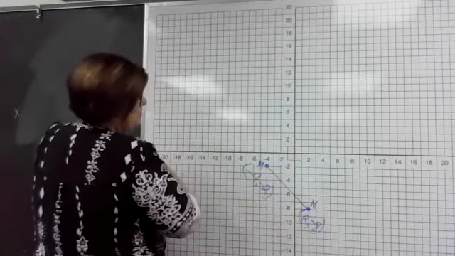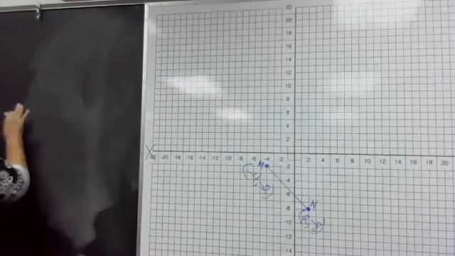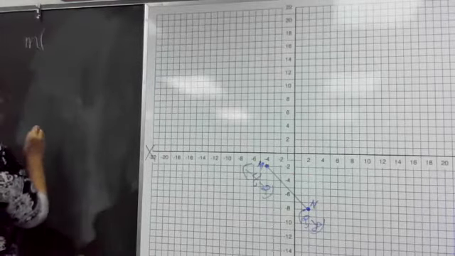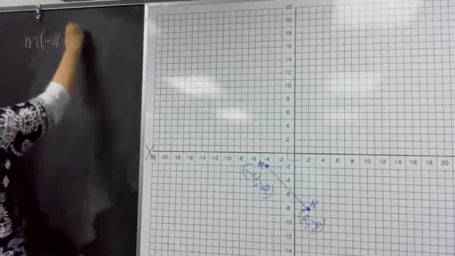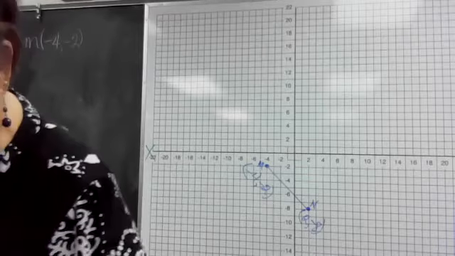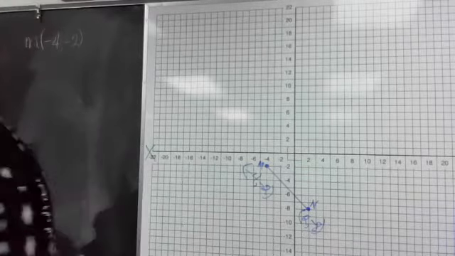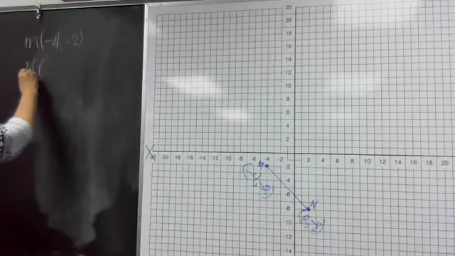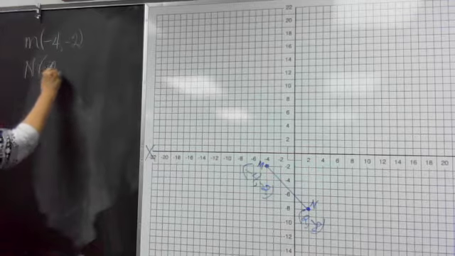And so our 2 points, the 2 endpoints of the segment that we're referring to, are M, which is -4, -2. I need to check and make sure I did that correctly. Yes. Okay, and the coordinates for that point N are 2, -8.